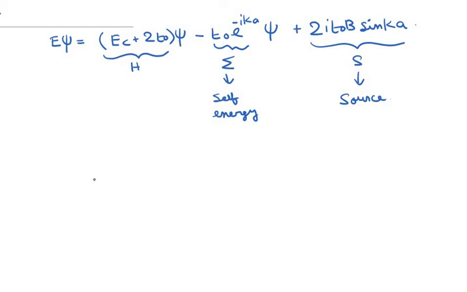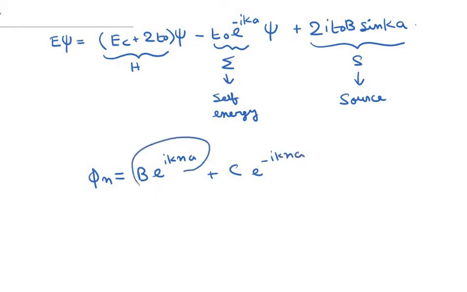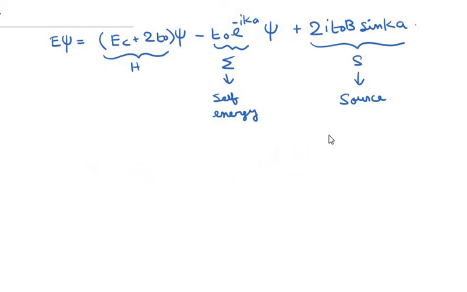Now note that our wave function phi n, we took to be of the form e to the power ikna plus c e to the power minus ikna, and we stressed that this part is the forward propagating wave that hits the channel. So this term depends on the amplitude b of the forward propagating wave, so this must represent injection of electrons into the channel. So the source term represents injection of electrons into the channel.